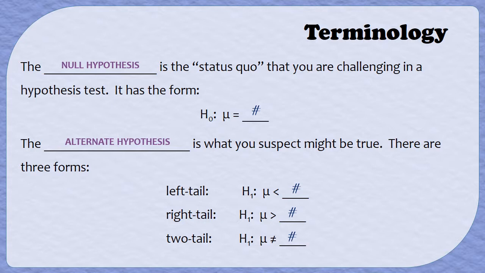A place where you might use a not equals to alternate hypothesis would be if you're trying to see if a scale is calibrated correctly, and you're not sure if it's adding pounds or subtracting pounds. You just think it might not be weighing correctly. So you would perform a two-tailed alternate hypothesis.